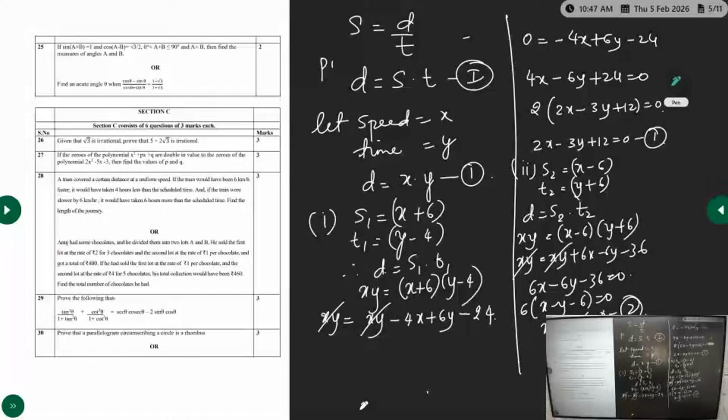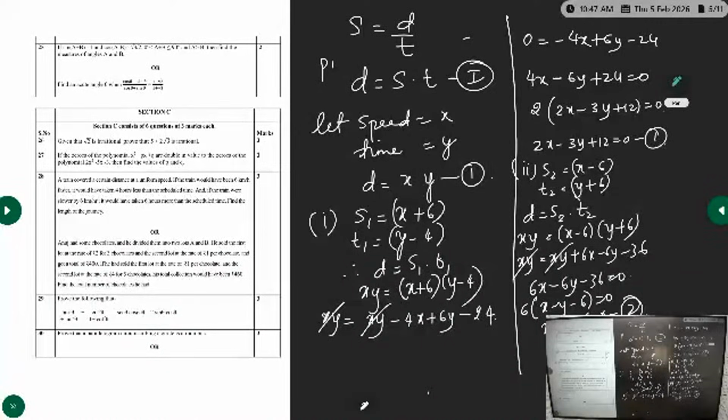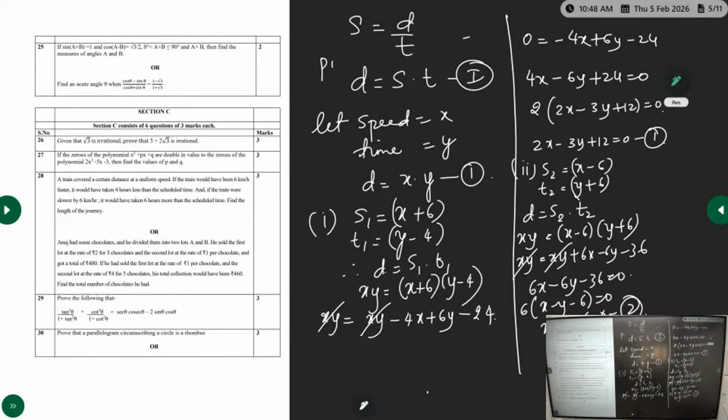Directly do it stepwise. y is 24, correct? Minus 24. After applying the elimination method, x you will get 30, and first you will get the y value. Check, it will be 24.